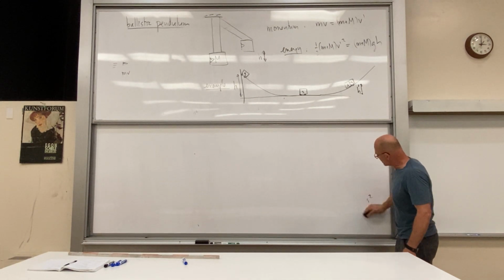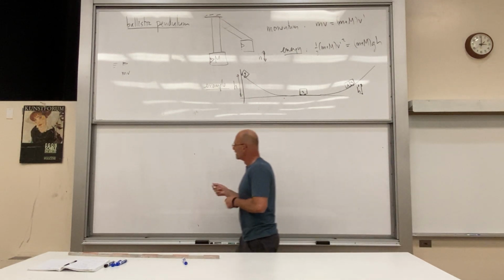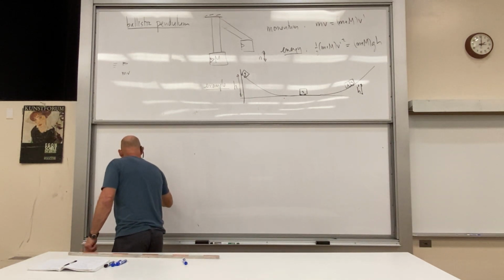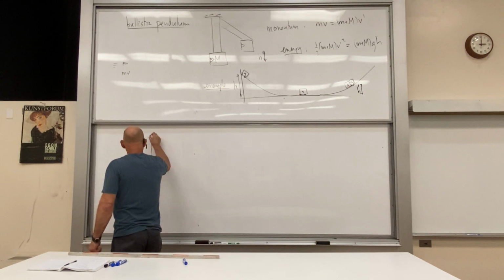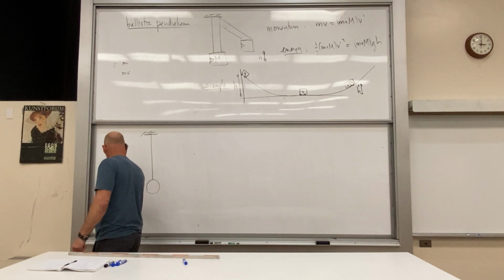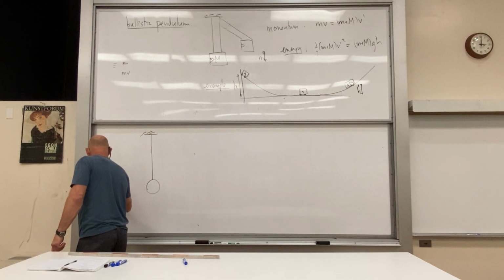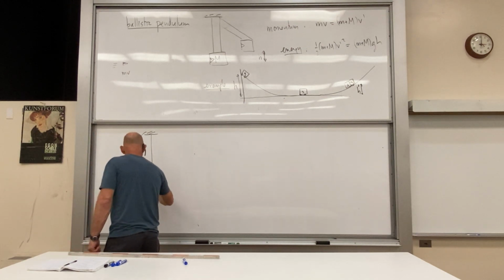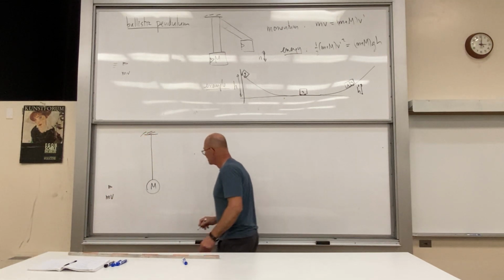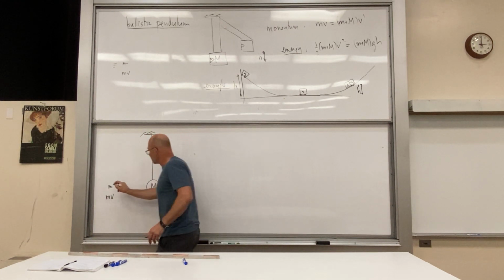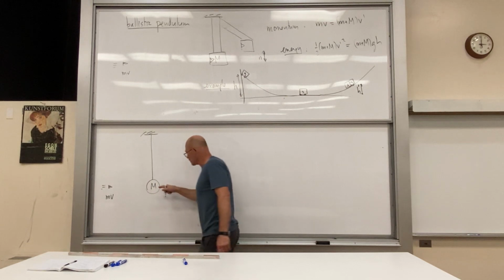This is a problem in the book. So you've got a ball here hanging, I'm going to use capital and lowercase m again. You fire a bullet through, you've got mv, this thing's hanging here at rest, but the bullet goes through.